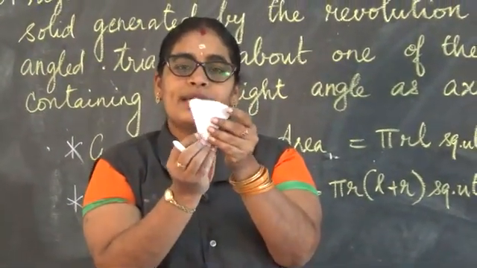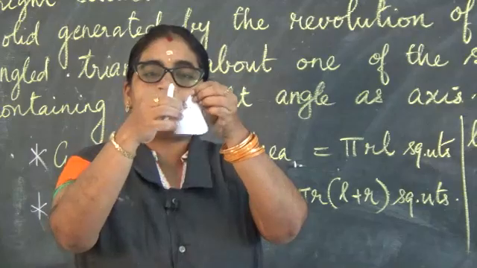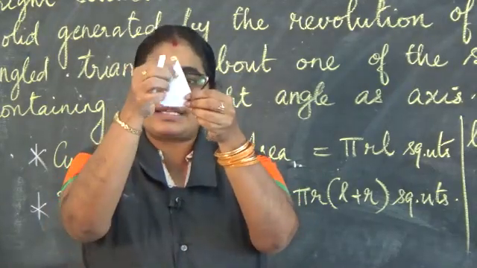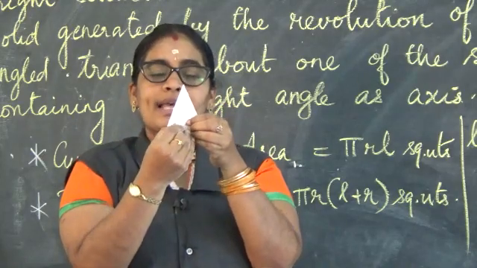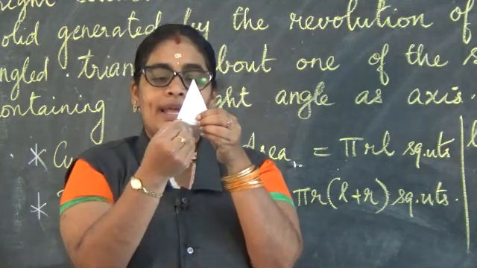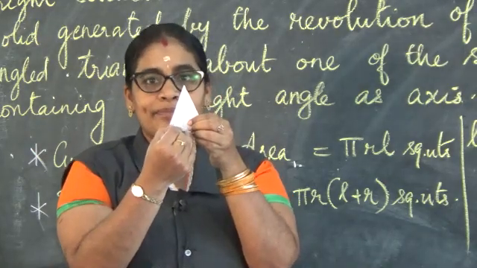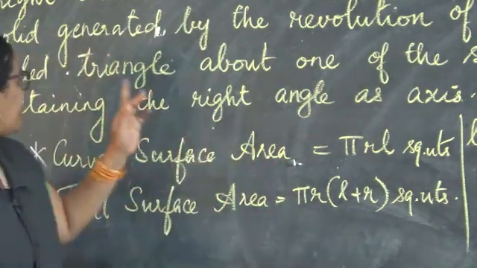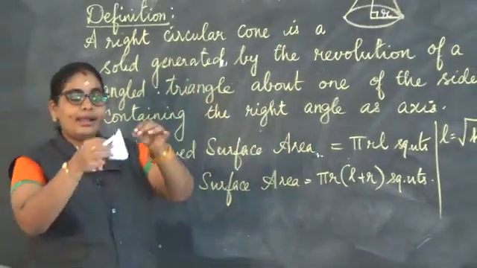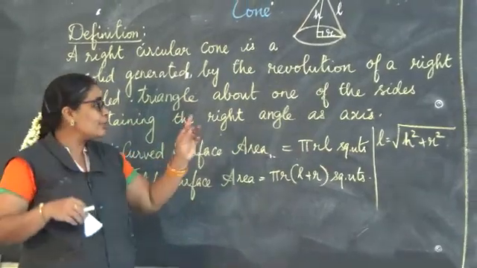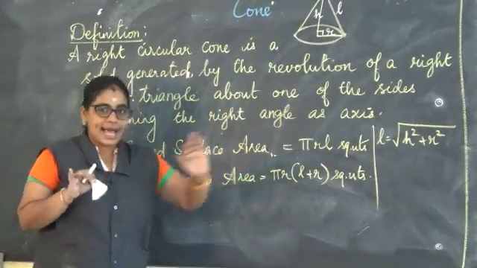When I fold like this, this is a cone, and we will be having a central angle like this, and this angle will be connected to the end of the sector, and it makes 90 degrees here. This is the right angled triangle, and with this right angled triangle we are rotating this part. So, you will be getting a right angle as axis.